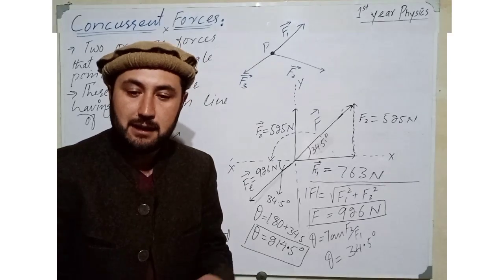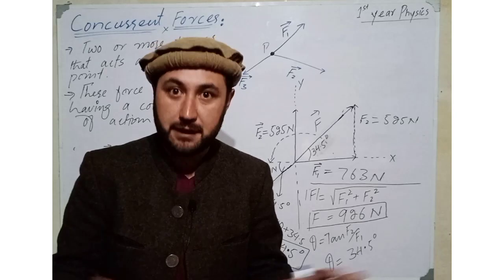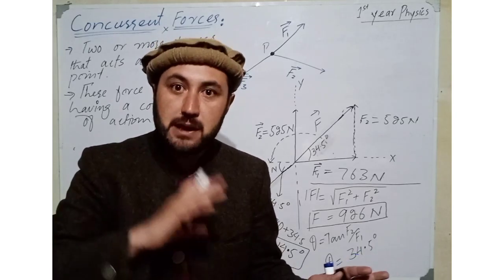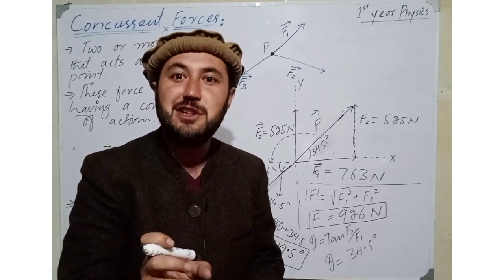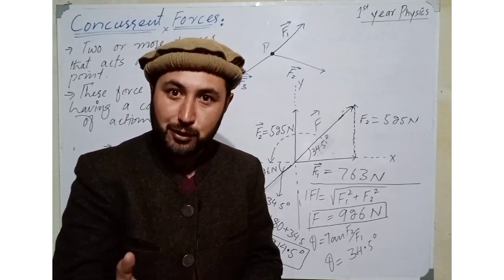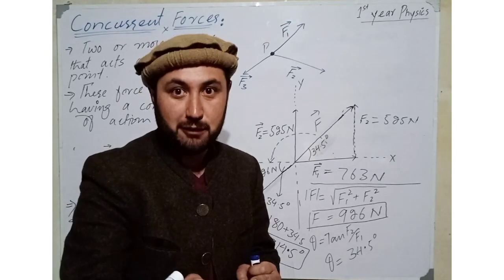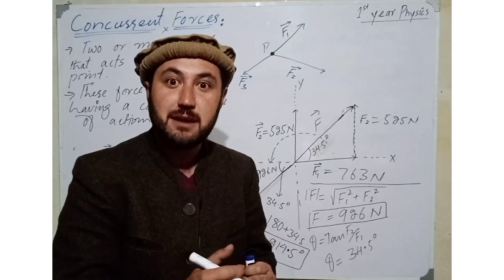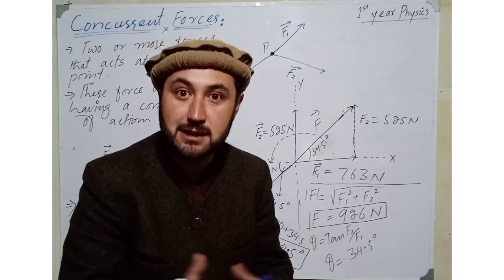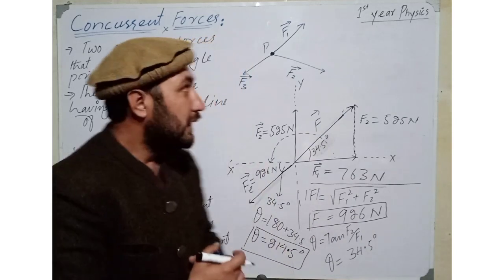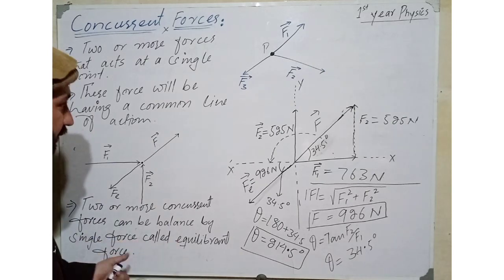If three students apply a force on an object in different directions, and eventually the object moves in a particular direction, we can restrict its motion by applying a force opposite to the direction of motion, and the magnitude of the force has to be equal to the net effect of the magnitude of all these concurrent forces. So this was all about concurrent forces and the equilibrant force.